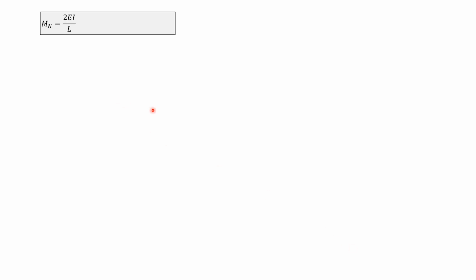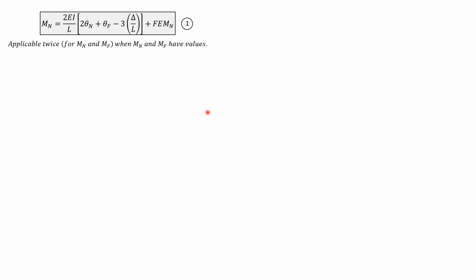So moment near is 2EI over L times 2 theta n plus theta f minus 3 times delta over L, plus fixed end moment near. This is applied twice when both n and f have moments. So you can use this for the near end and you can use this for the far end, because the two ends, n and f, have values for moments.